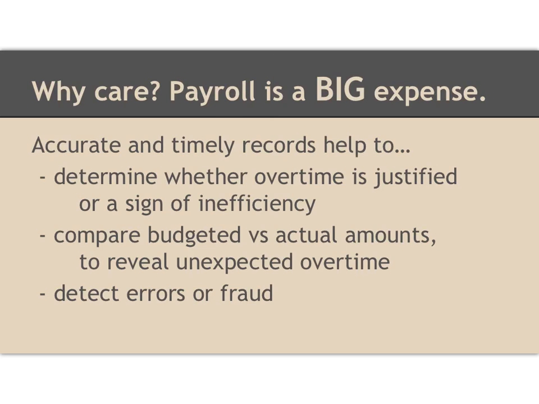The accuracy and the timeliness of your records can help you to determine very quickly whether overtime is justified or if it's a sign of inefficiency. It may be that the business is understaffed and it's necessary for some of the employees to go beyond 40 hours in the work week. Hopefully that's a temporary situation.